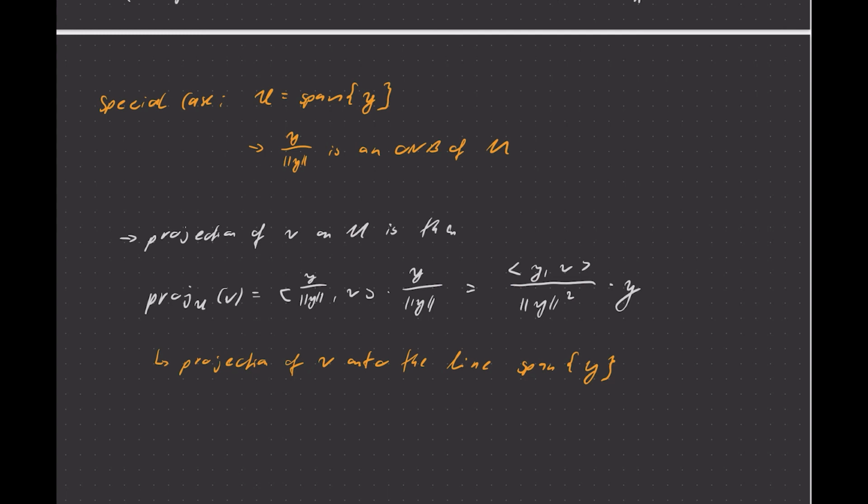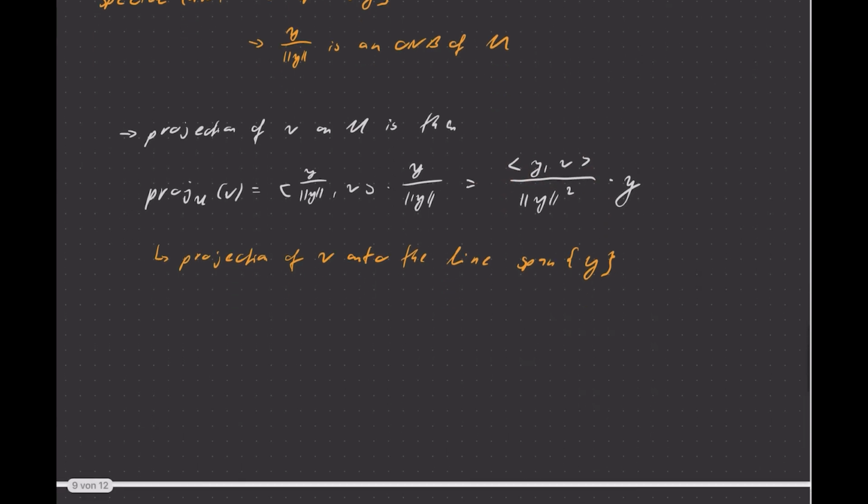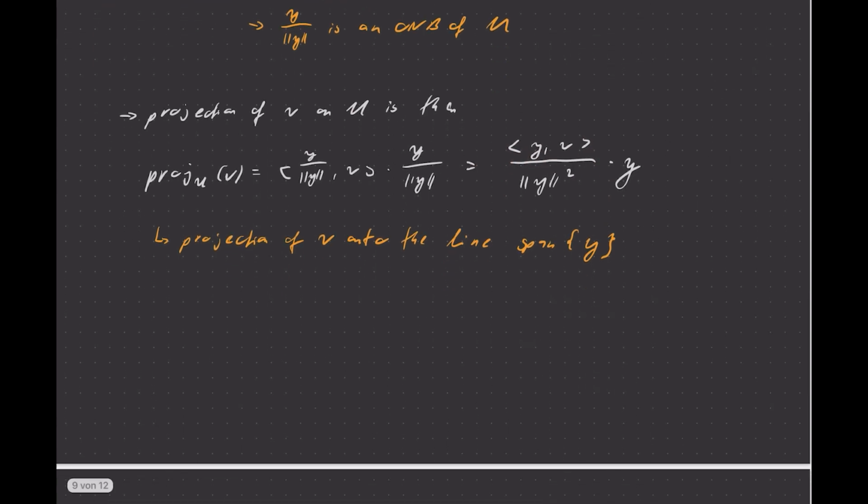So if we have a normalized y, what does the scalar product actually mean? The scalar product is something like the length of the projection of v onto y. So that's an interpretation of the scalar product.